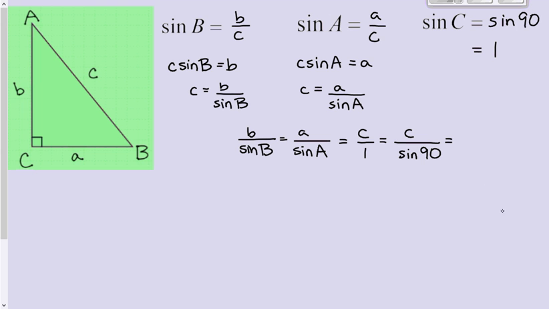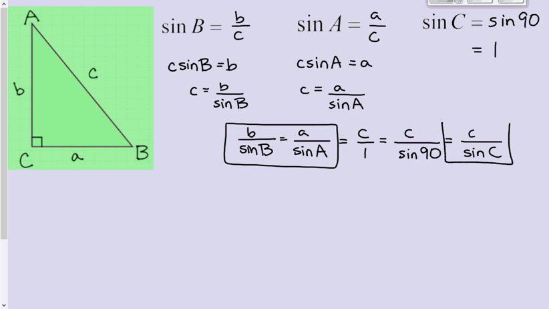And angle C was 90 degrees, so the sine of 90 is equivalent to the sine of angle C. So there we have all three ratios equal to one another for the right triangle. So we're making good progress. Now we just need to prove it for the obtuse triangle, and we will have shown this relationship is true for any kind of triangle.